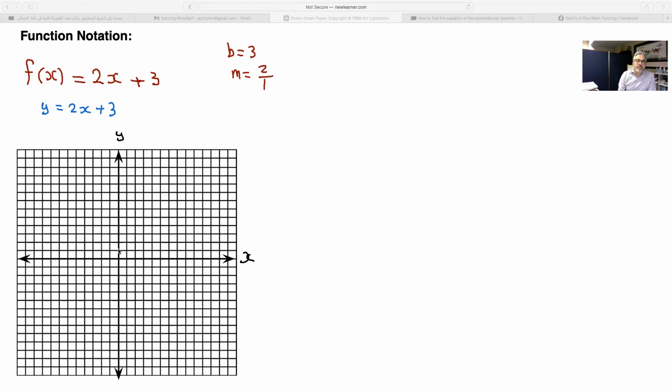So I go on the y-axis 1, 2, 3, and I put a point right there. And then I start doing my slope, and the slope is positive. So I go up 2/1, up 2/1, up 2/1, and then I could go down 2 to the left 1, down 2 to the left 1, down 2 to the left 1. And therefore, I'm just going to graph my line right here.